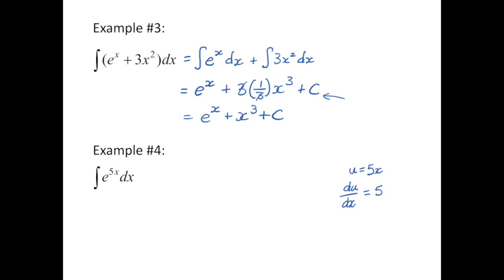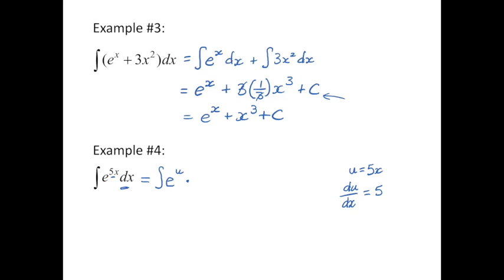And what we can then do is replace the 5x, but we also want to replace the dx. So we can think of this as the integral of e to the u, but now we have u as our variable, so we want to be integrating with respect to u. So we need to replace this dx with a du term.